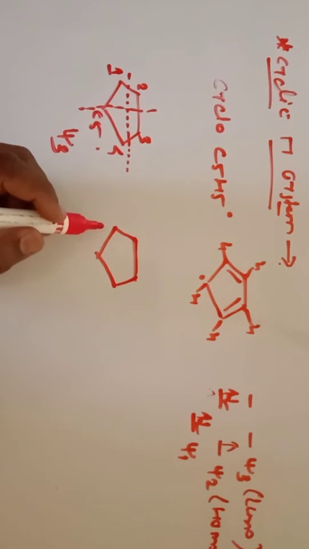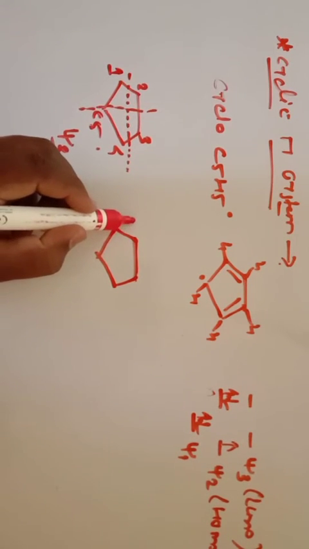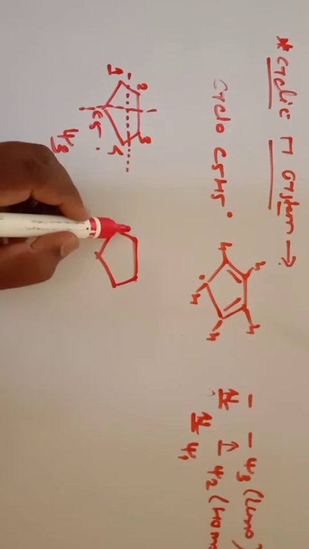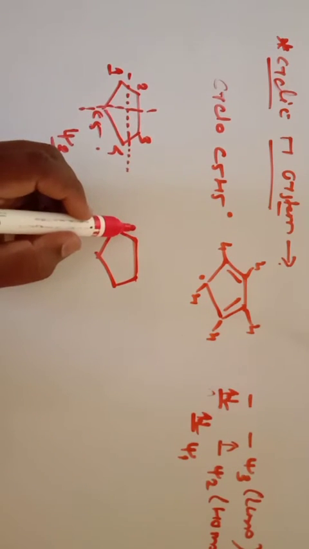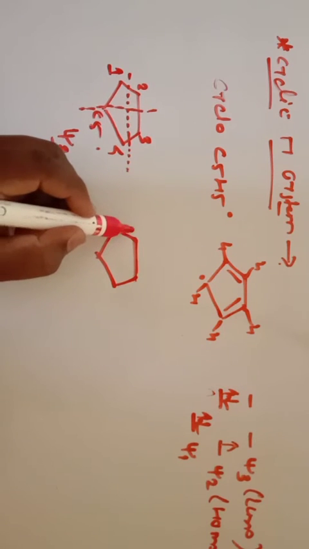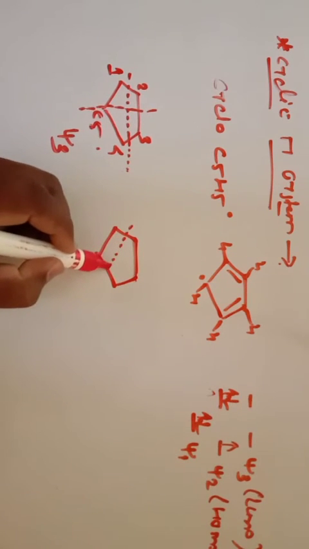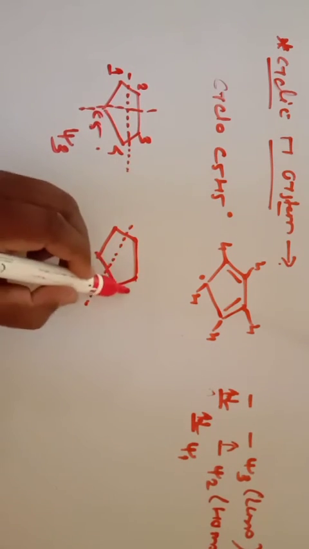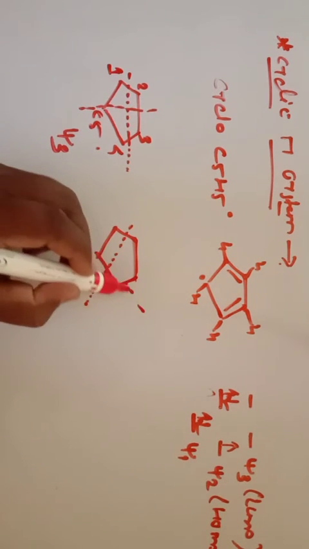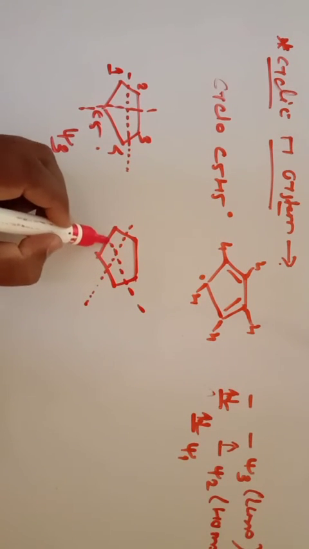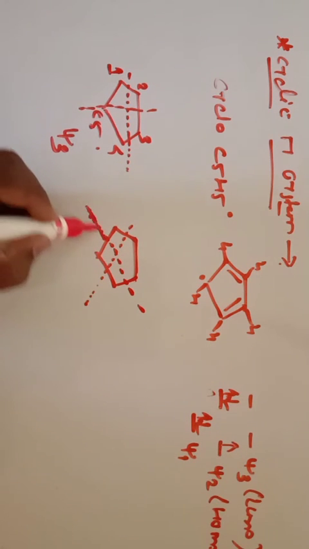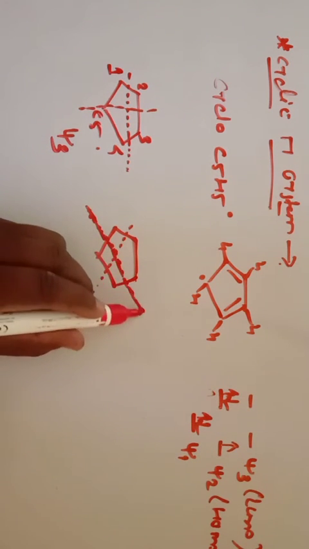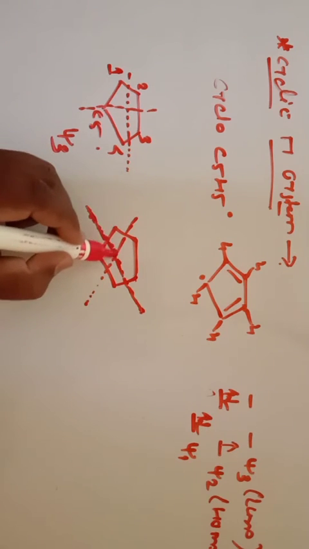The node passes like this. So the node is present in this way; the nodal representation should be there.